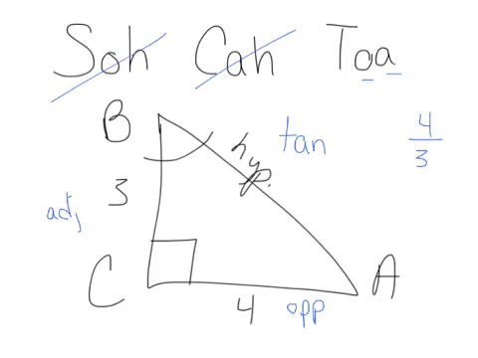Now, what angle is it? Angle B. So that's what my equation looks like from what we just did. The 4 over the 3 is opposite over adjacent, and the tangent is of that angle. Now, the next part is really weird, and it is not by any means mathematically correct, what I'm going to say. But I want you to think of it this way because it might help you remember, okay?